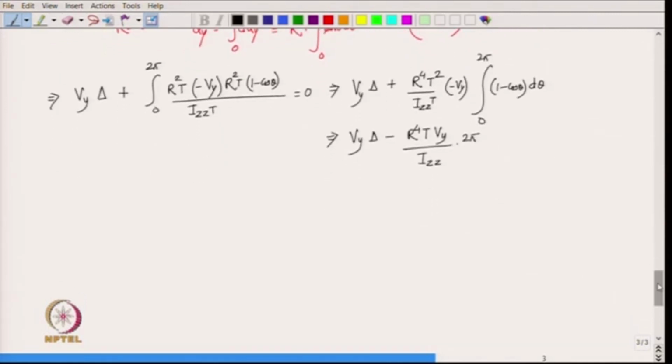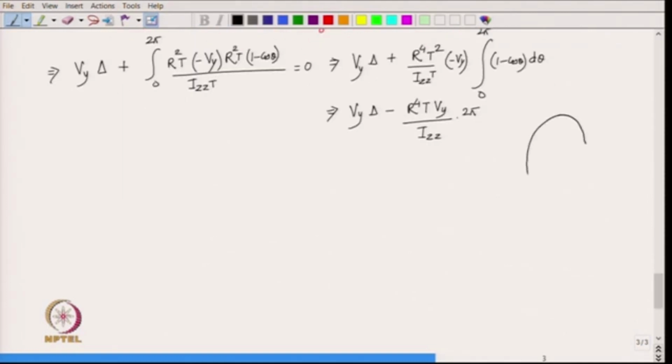And what is Izz for an annular cross section? Let me redraw the cross section here. See, the cut is really thin. So, actually the whole annulus is complete and there is a very thin cut. So, as far as computing Ixx, Iyy and Izz is concerned, we can forget about this thin cut. Okay. So, about the centroid O, we have to get Izz.